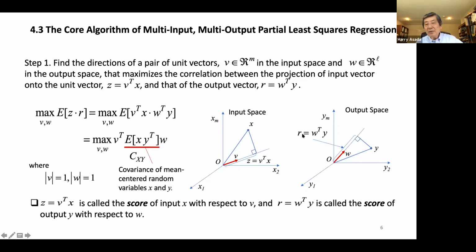This R is called the score of output y in terms of the direction W. So we evaluate the scores, basically inner products or projections, in both the input and output, that's Z and R, and we look at the correlation between the two.